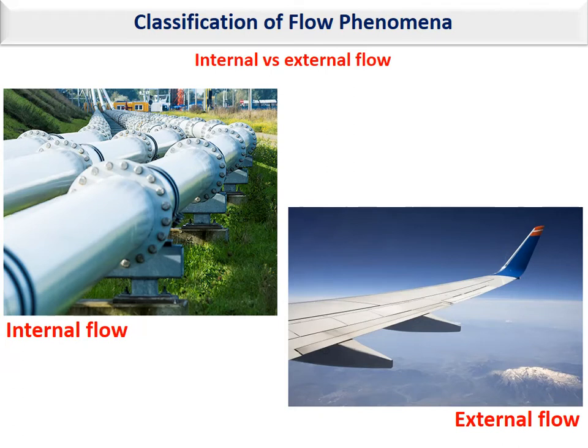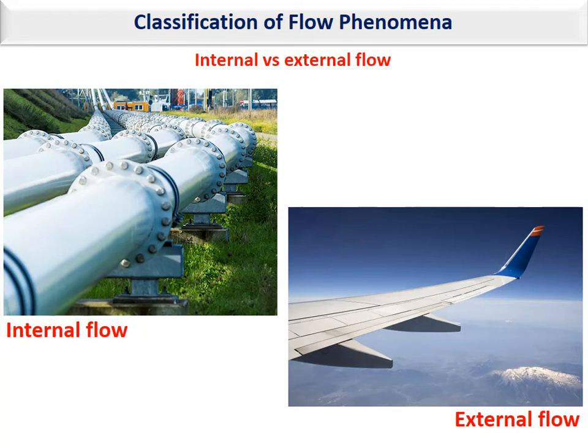The first is internal versus external flow. Internal flow is a flow that is bounded by boundaries. The boundaries may be a pipe, a channel, or something like this, as you can see here on the left. For example, the flow in a pipe is called internal flow.